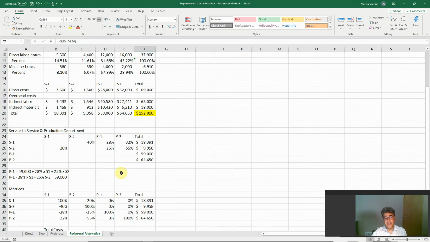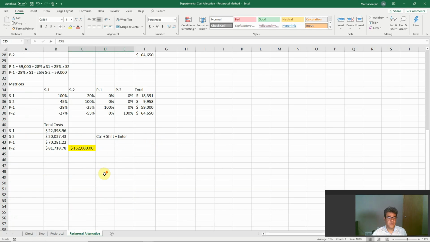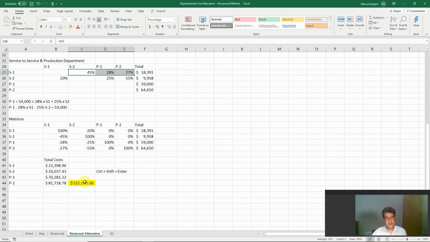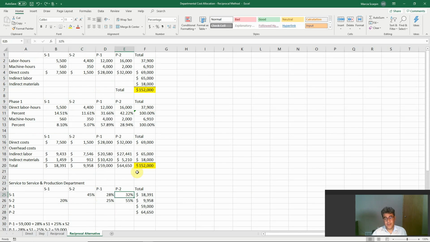What is easier, if we change any number here, for instance, instead of 40, it's 45, and then 27. Let's see here. Yes, we have 100%. And we also have the new numbers here, and everything is matched again. So we can play with our numbers.